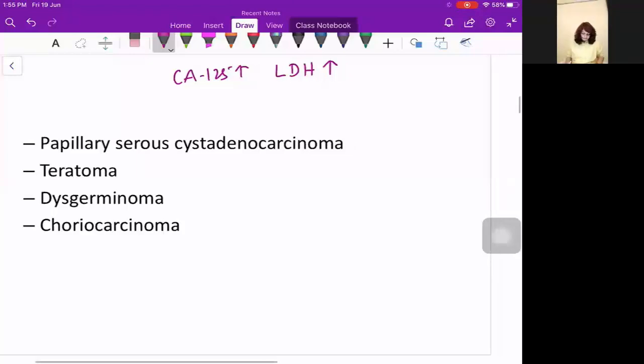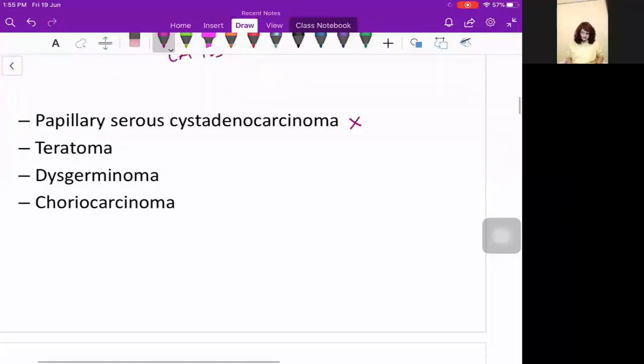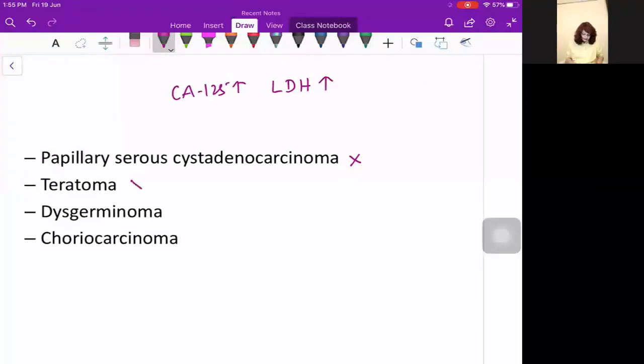Papillary serous cystadenocarcinoma we can rule out because CA-125 is not markedly raised, and this does not go in favor of an epithelial ovarian tumor. Number 2, teratoma, mostly is a dermoid cyst and it does not produce any tumor marker.